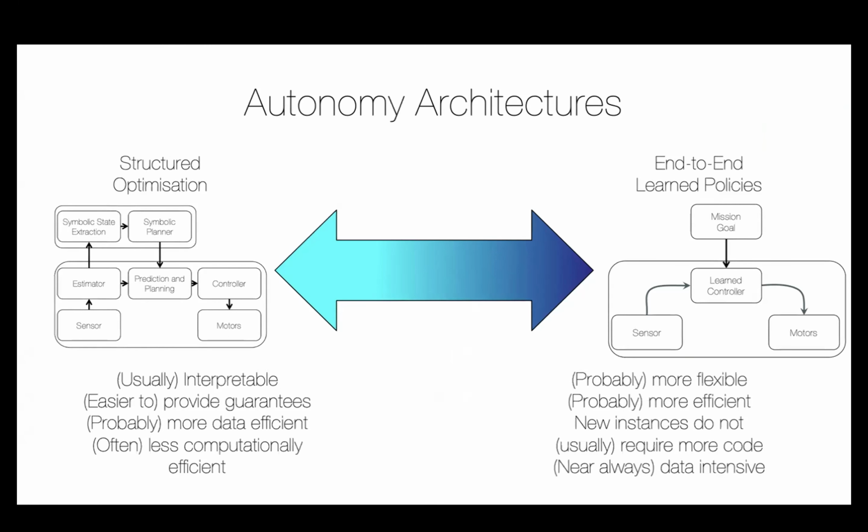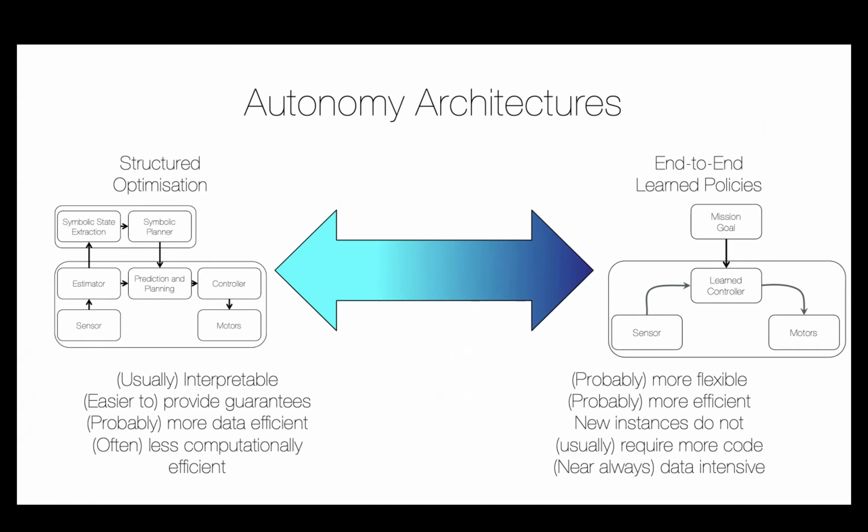On the other hand, we have these learned policies that are certainly more flexible. They're almost certainly more computationally efficient. We don't have to do a lot of extra work in terms of teaching our robots new skills, but they are very data intensive. And so the kind of thing that I'm looking for is a focus on the representation that gives us the best of both worlds.